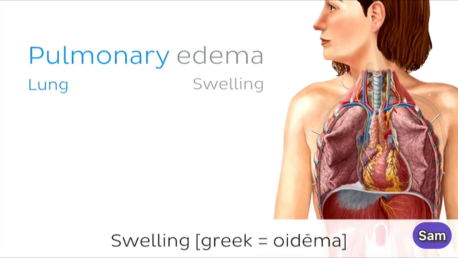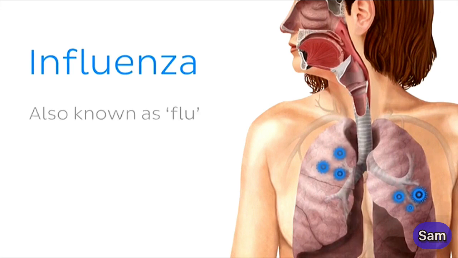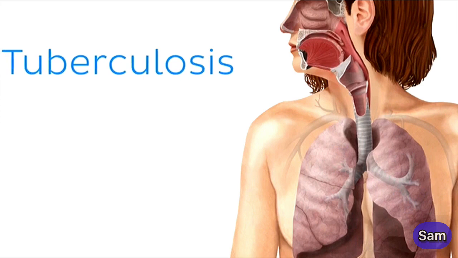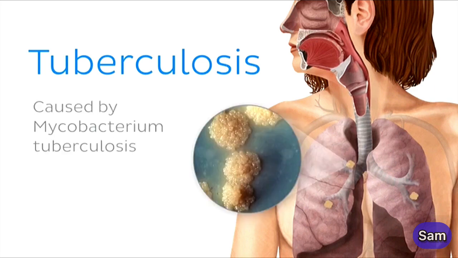Then we have respiratory infections. Obviously, we can't not mention influenza, of course more commonly known as flu, caused by the influenza virus. Tuberculosis, again a very well-known contagious infectious disease, mostly affecting the lungs, caused by tubercle bacillus or Mycobacterium tuberculosis.